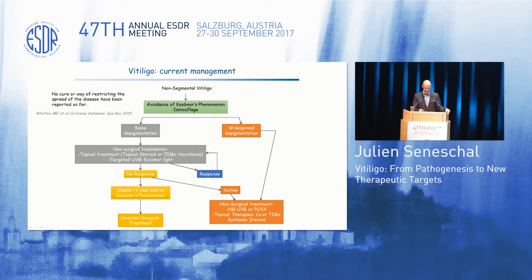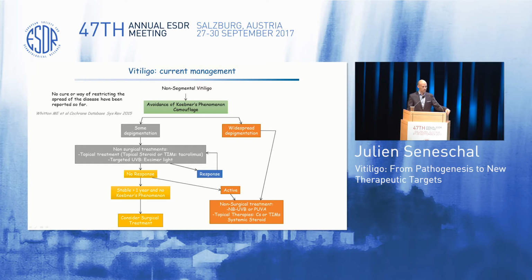So there is clearly a need for new therapeutic targets in vitiligo. But thinking about new treatments, we have to better understand the pathogenesis of vitiligo. Sometimes we do get success treating our patients. Here is a patient with vitiligo involving the face.